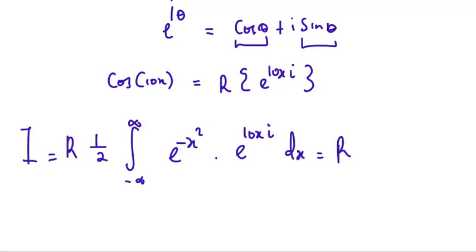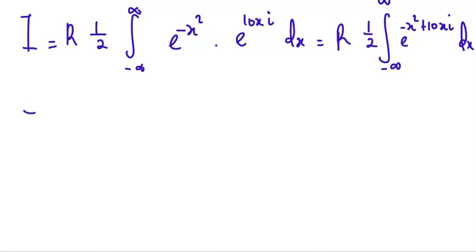With the help of laws of indices, since we have the same base, we add the powers: e raised to the power of negative x squared plus 10xi, dx.